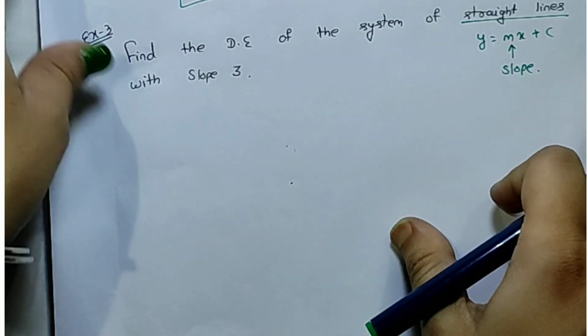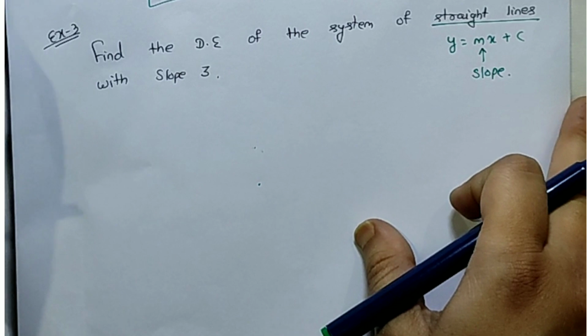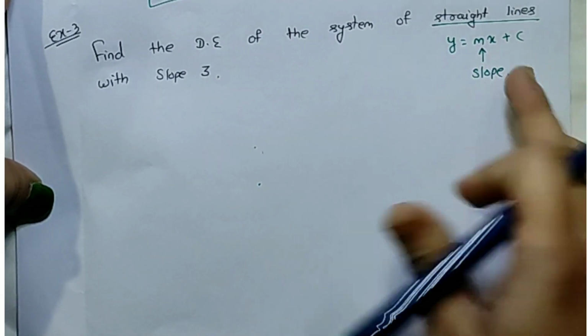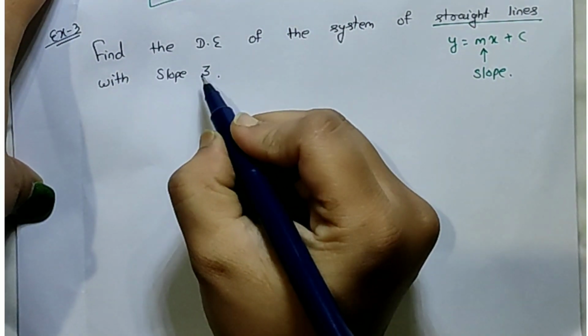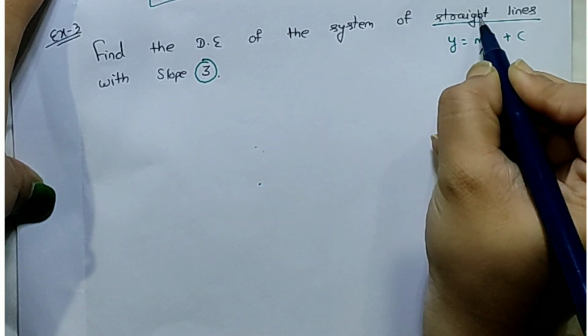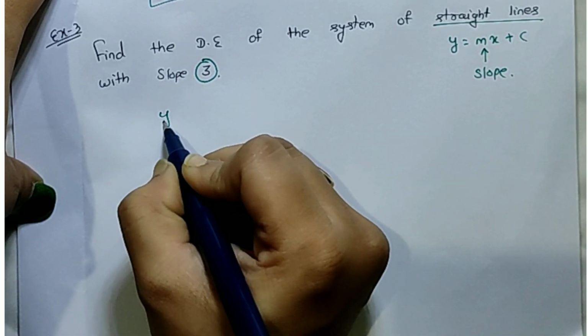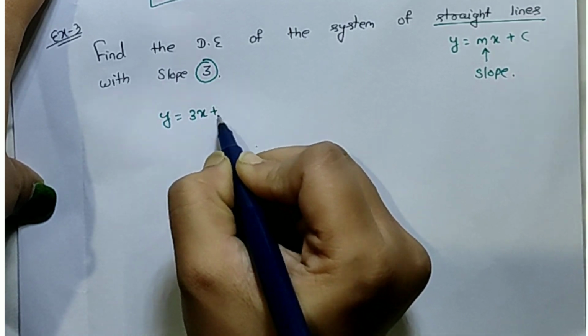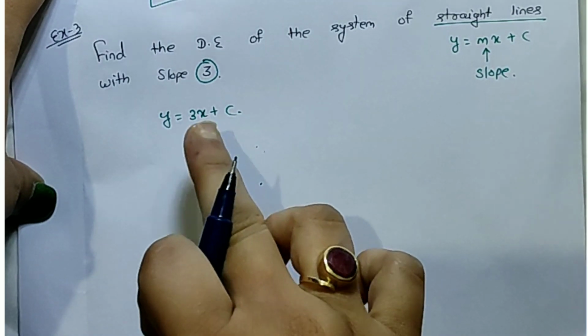Here we are given slope 3, so what will be the equation of the straight line? y is equal to 3x plus c. Now this is our question.